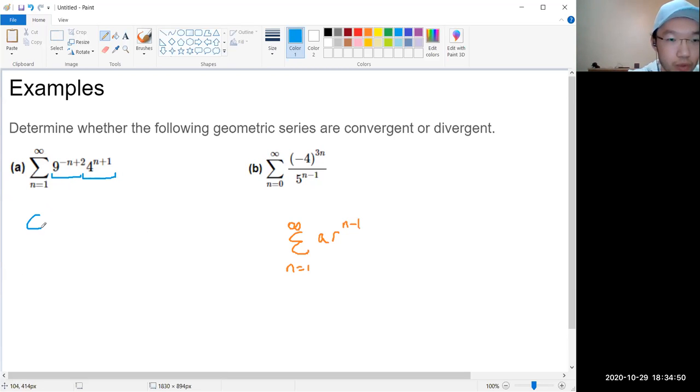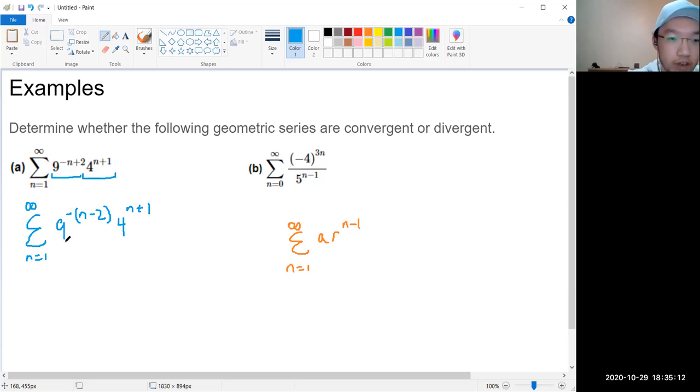I'm going to make one of the exponents negative. So let me just make the first one a negative. So it's 9 to the negative n minus 2, and then 4 to the n plus 1.